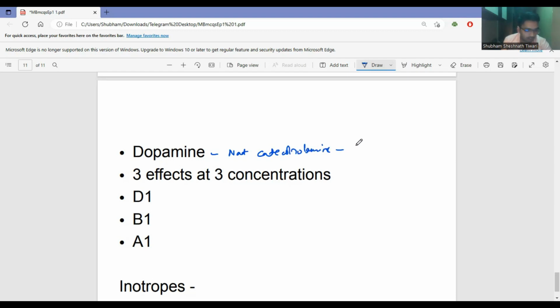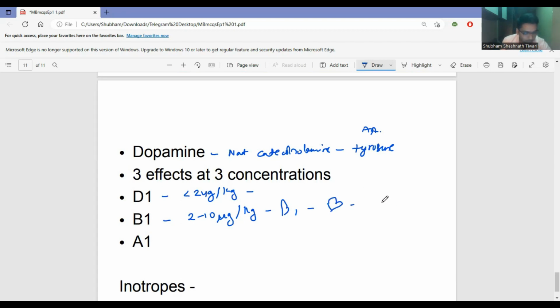and it is derived from the amino acid tyrosine. And dopamine has three effects at three concentrations. So, at low concentration of 2 microgram per kg, it acts on the D1 receptors. At concentration from 2 to 10 microgram per kg, it acts on beta 1 receptors, which are present in your heart.